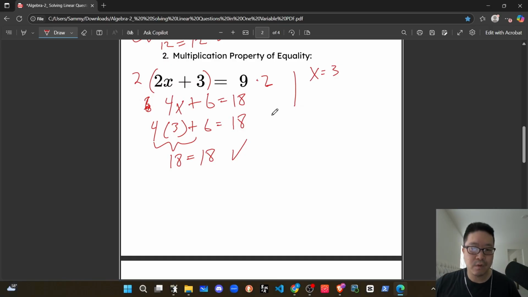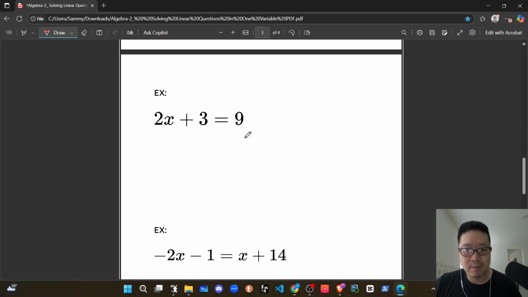So let's go back to our previous problem, which again is 2x plus 3 equals 9, and we are asked to solve for x. Your goal in this case would be to isolate x. In order to solve linear equations in one variable, your goal is to isolate x to one side and have everything else on the other side.